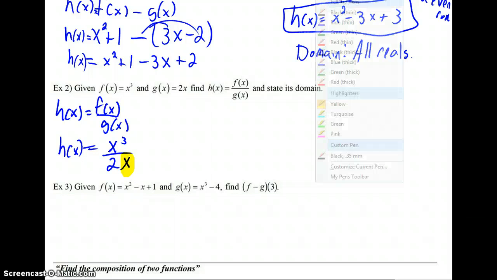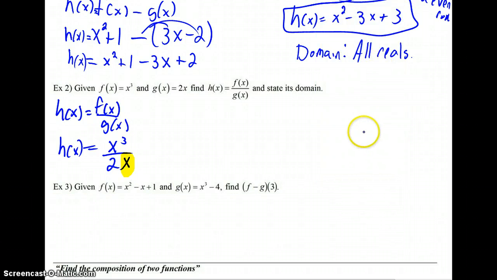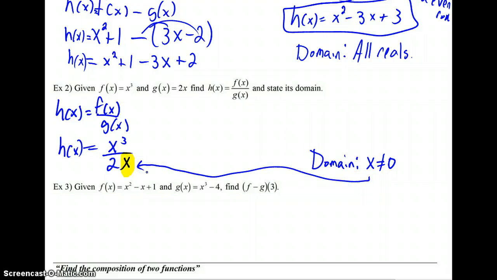The domain is all possible x values. I'm going to say immediately for this domain that x cannot equal 0. And of course the reason why is that would cause division by 0. Anytime you divide by 0, you have to throw that particular x value out.